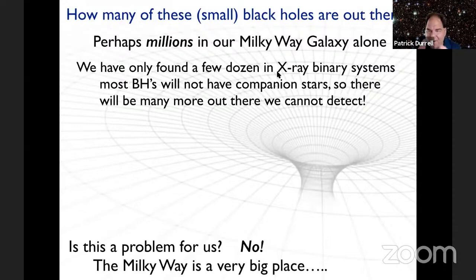And the thing I want to remind people, and that's why I say at the bottom, is this a problem? No, it's not. The Milky Way is a very, very big place. There are about 200 billion normal stars in our galaxy. So some millions of black holes, not a lot.